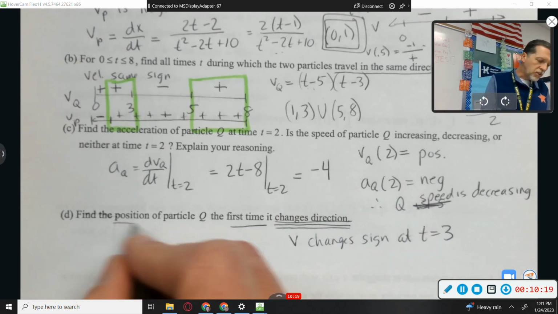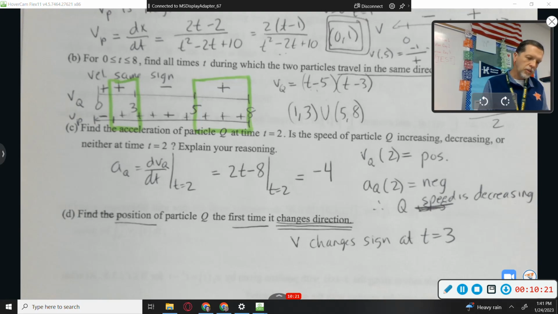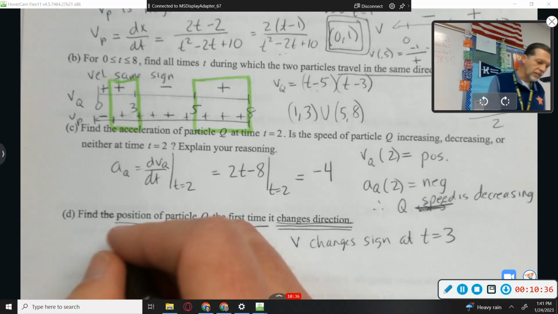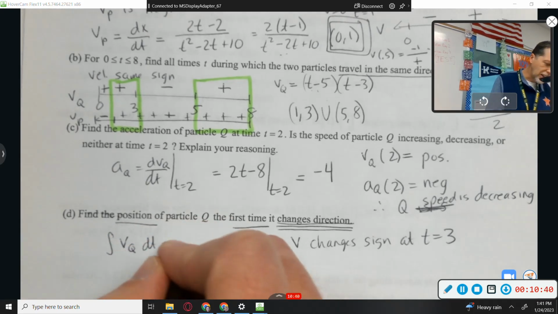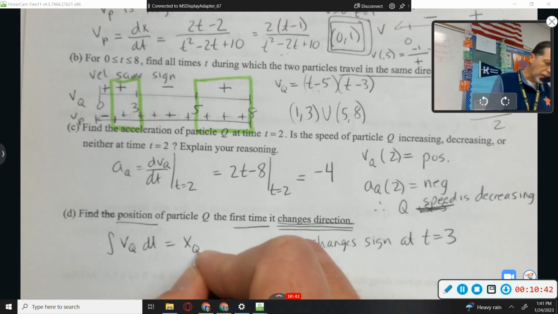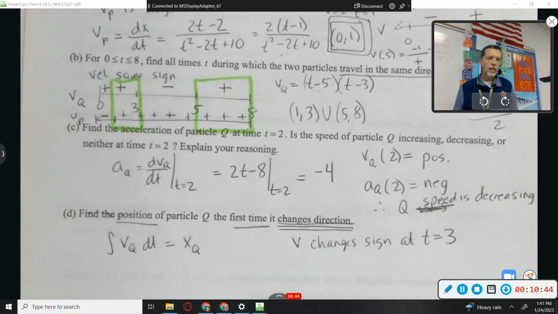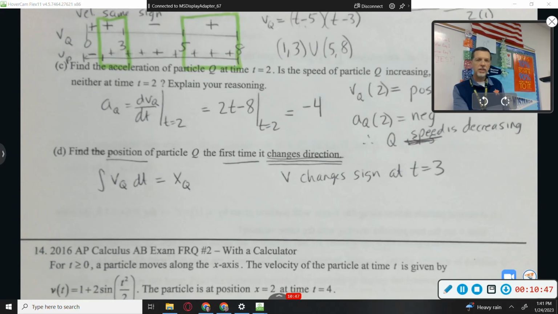So I need the position of Q at time equals 3. And all I have is the velocity of Q. So how do I get from velocity to position? That would be an integral, antiderivative. When I take the antiderivative of the velocity, that will get me something about the position. But I need some limits here.